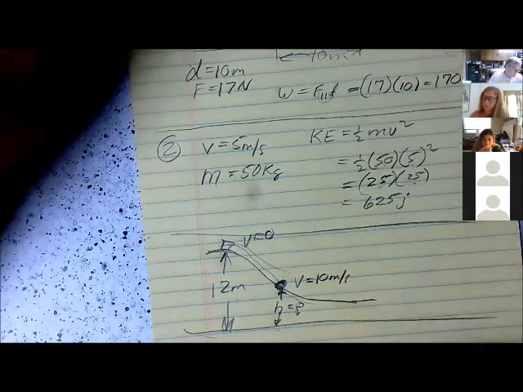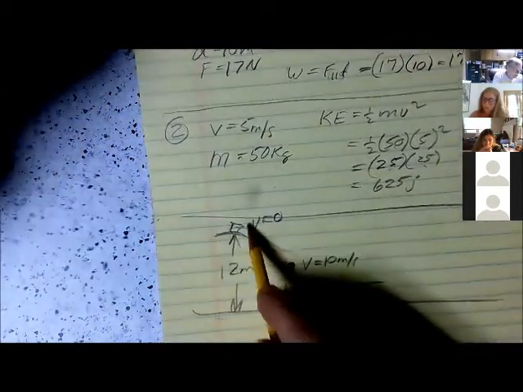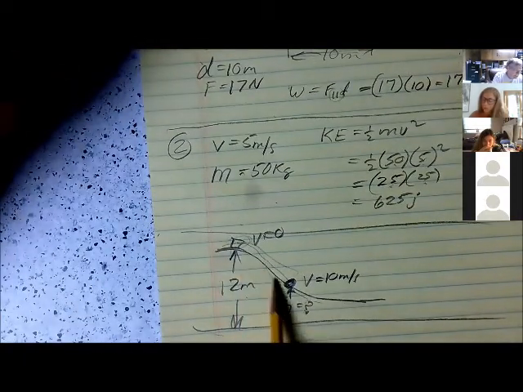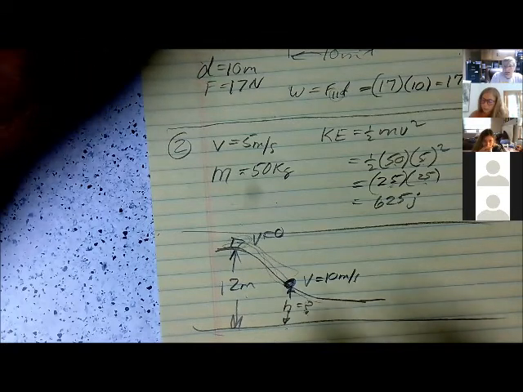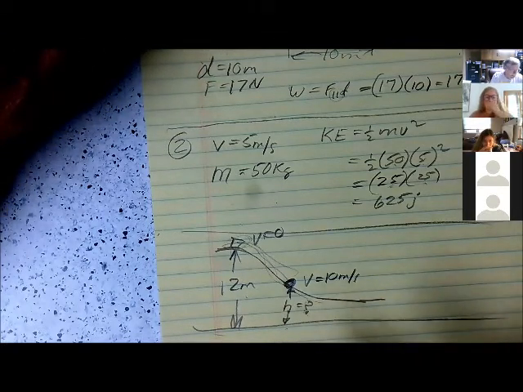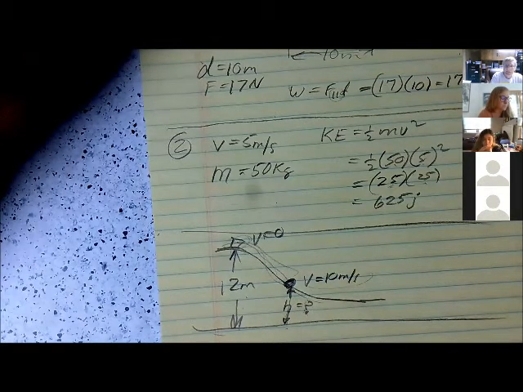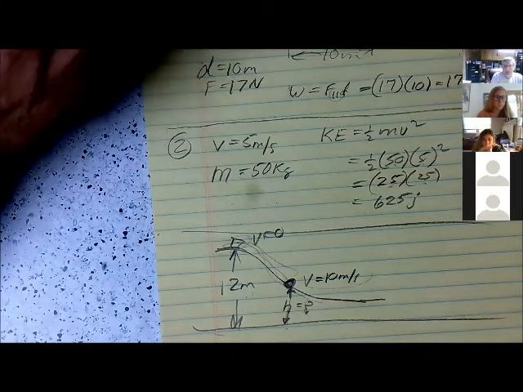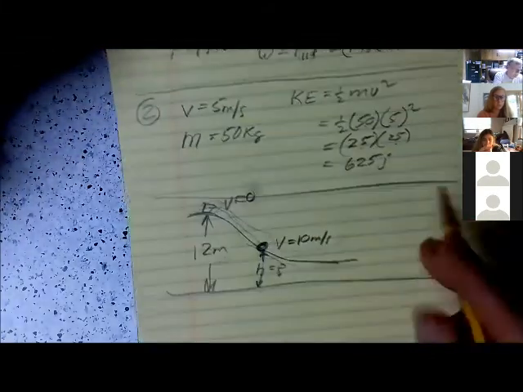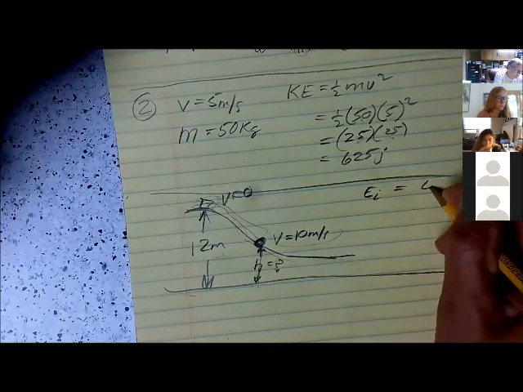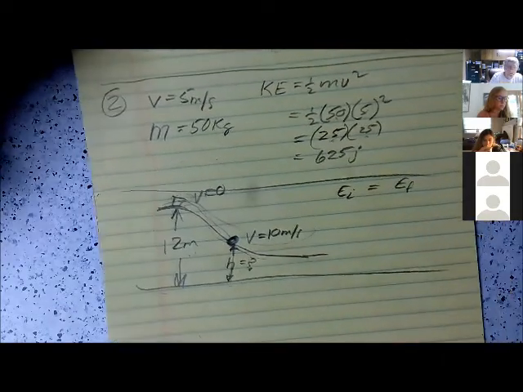Okay. So this is what we got. The block starts out at the top, 12 meters high, slides down. It's going to pick up speed as it slides down. And we want to know how high it is when the block is moving at 10 meters per second. It's frictionless, so there's no work being done. So we can use our simplified formula: E initial is equal to E final, conservation of energy.